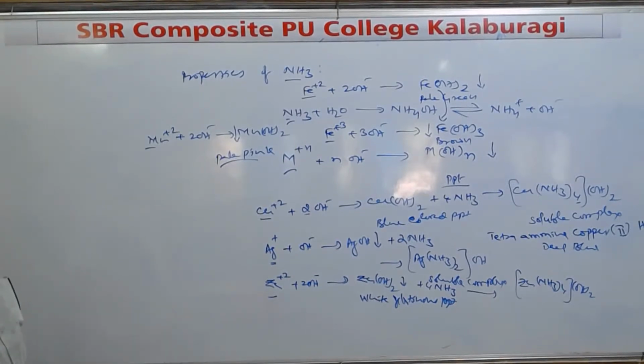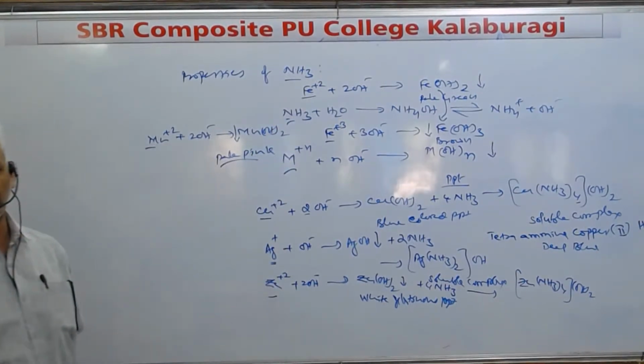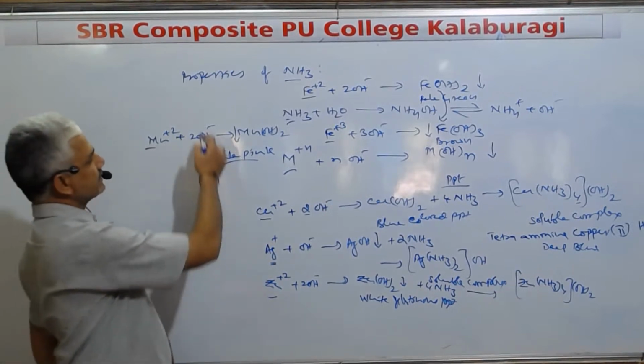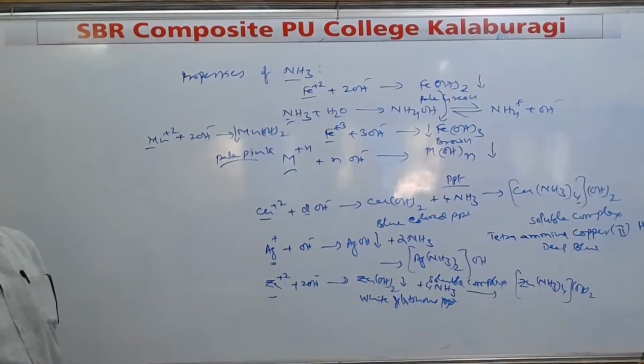So all these reactions are used in qualitative analysis for the identification of cations. In that way, ammonia acts as a very good laboratory reagent. So that is about the reaction with the transition metal atoms or metal ions.